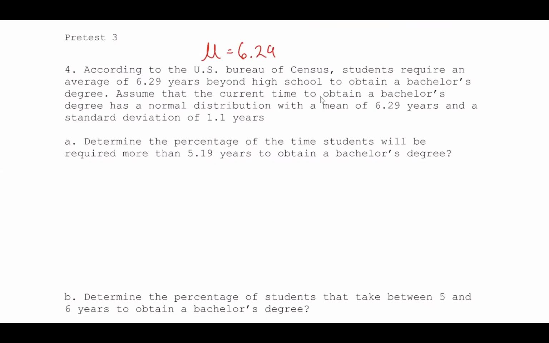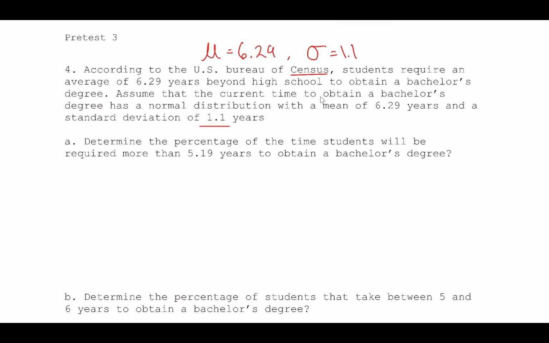Also, another keyword here, they use the keyword census. Whenever you see the word census, it means they gather the entire population, but you don't even need to know that because as long as they don't tell us a sample, you should see that 6.29 is the population mean. Also, they gave a standard deviation of 1.1. Once again, since they don't tell us this is coming from a sample of like 20, 30, or 40, we're just going to assume this is the population standard deviation.